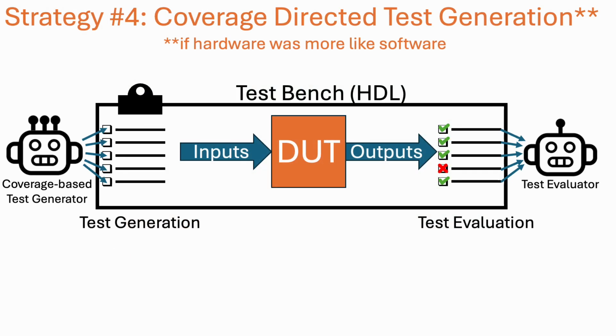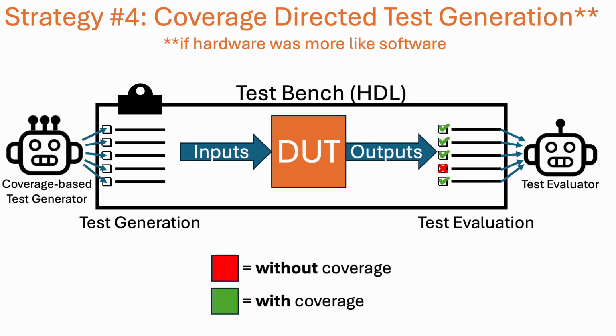The high level idea of coverage directed test generation is best explained for software. So I'm going to pretend for now that this design under test is software, and you can see that we can color this source code or the machine code using red to mean something that hasn't been covered yet in terms of testing, and green being something that has been covered.